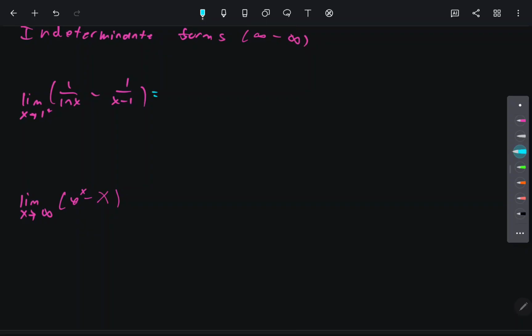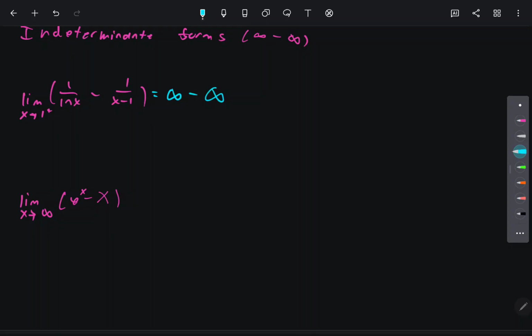Well, for this first half, we will actually get 1 over 0, which is going to be infinity. So the first part of that value, it's infinity. Minus, and because this is an asymptote and we're approaching it from the right, that is going to also be going to infinity. So we see that we have this infinity minus infinity.